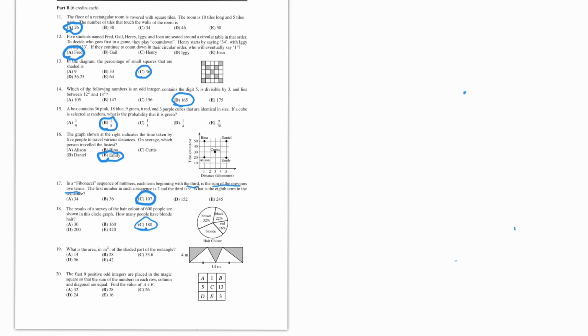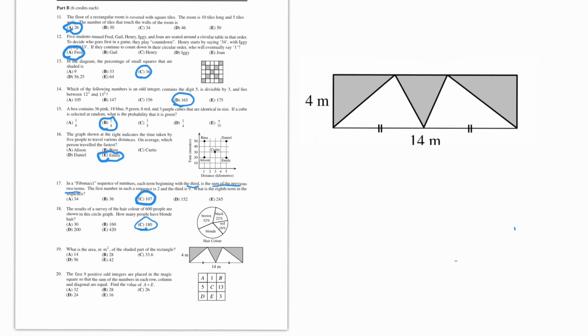Number 19. What is the area in meters squared of the shaded part of the rectangle? The 2 tick marks mean these two sides are equal. So the total is 14, so each is 7. The height of the triangle is the same as 4, so if we draw the height.